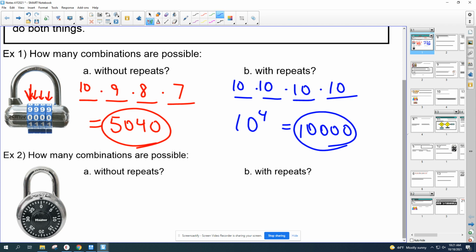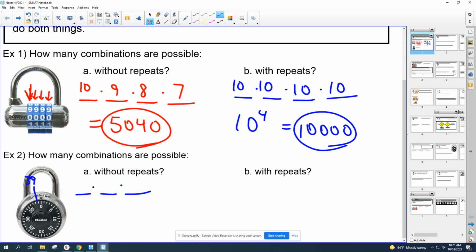Number 2 looks like a lock you might have on your gym locker. How many combinations are possible without repeats? On this one, it's a little bit harder to tell, but this last number here is 39. So we're going from 0 to 39. That means there are 40 different numbers possible on that lock. But you should know how a lock works. There are usually 3 numbers for a standard master lock like this.